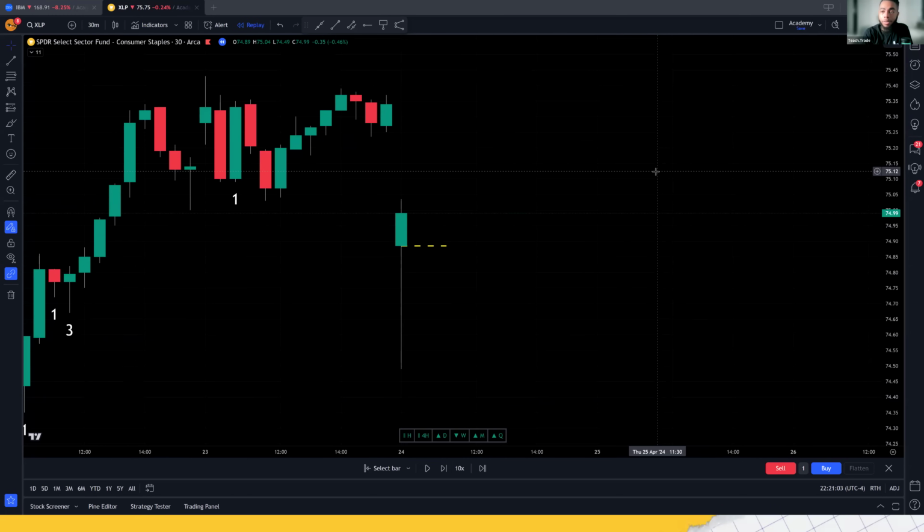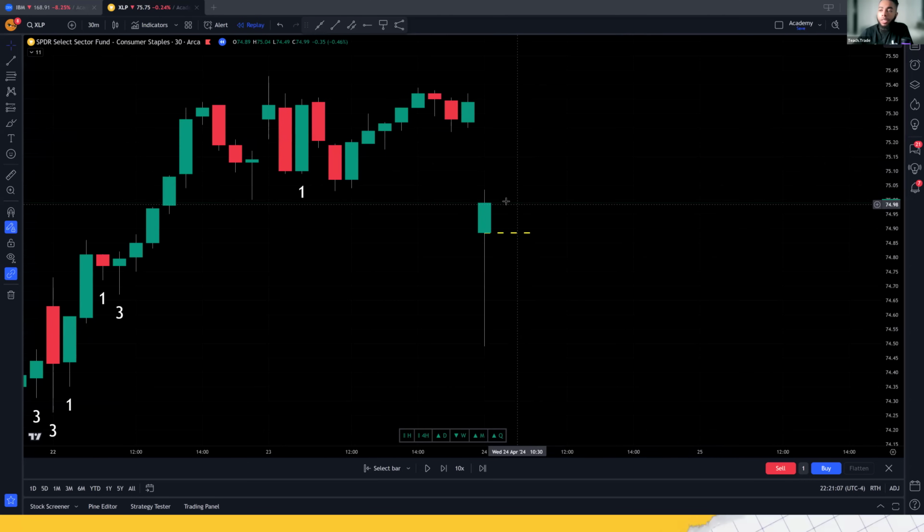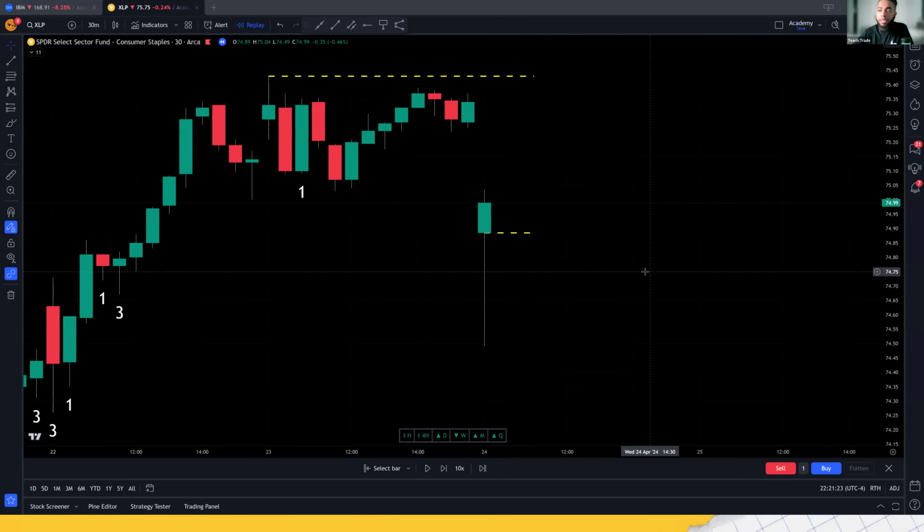If the second 30-minute candle is in the direction of filling that gap, then there could be a likelihood it goes and fills it all the way, or goes to wherever the most recent high is. Either of those two scenarios.